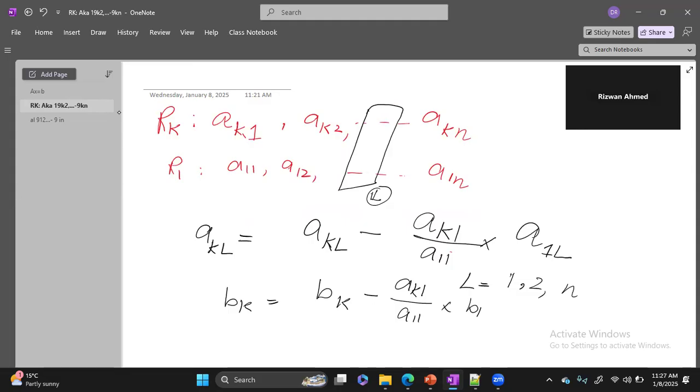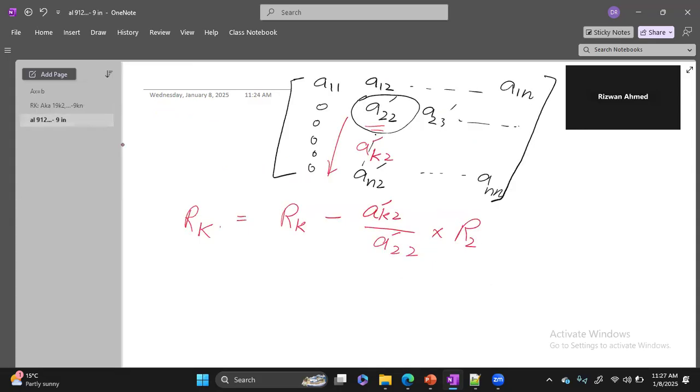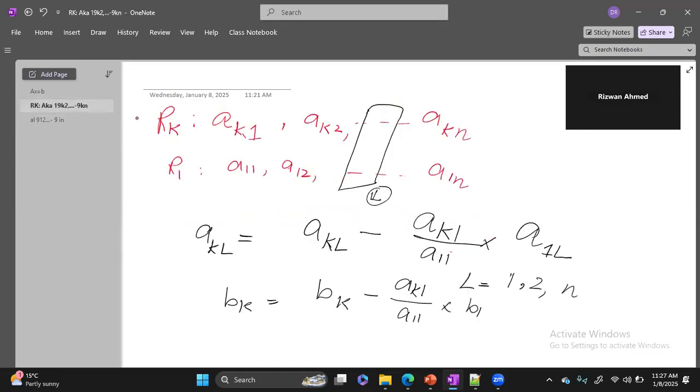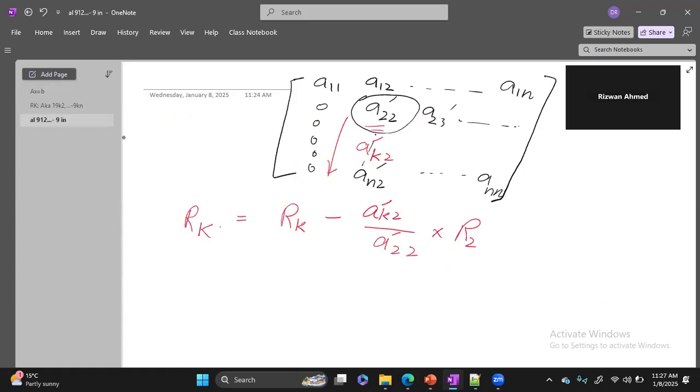You can notice that there is no need to apply the operation the way we did earlier, where we applied this operation for all the elements in the row, right? But now at this stage, we already have zeros here. So we can save an innocent operation of multiplying zeros and adding zeros to zeros.